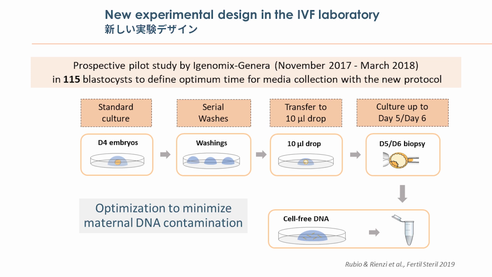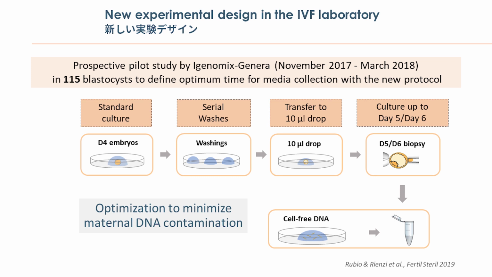And then they were doing the biopsies, but the way in which they were doing the biopsies in this clinic, they were not performing the hole in the zona pellucida. They were not doing assisted hatching on day 3 or before the biopsy. They place the embryo to do the biopsy, and they make the hole at the same moment of the biopsy. So the embryos were not manipulated before that moment. When they place the embryos in the biopsy dish, we collect the media, and we place the media in the tube.